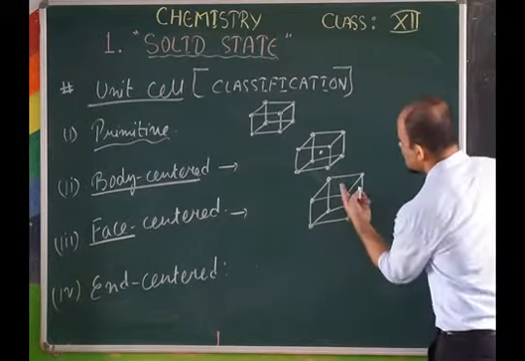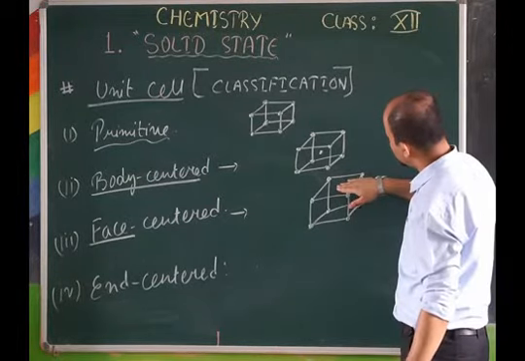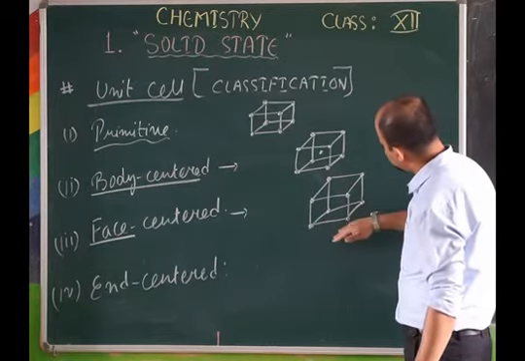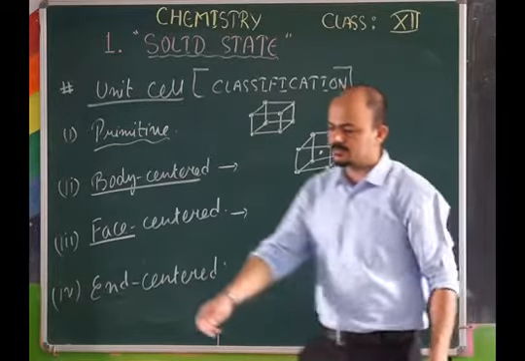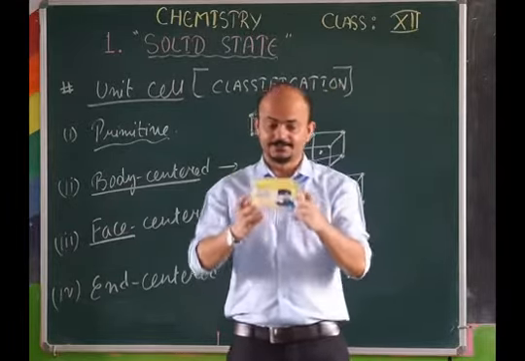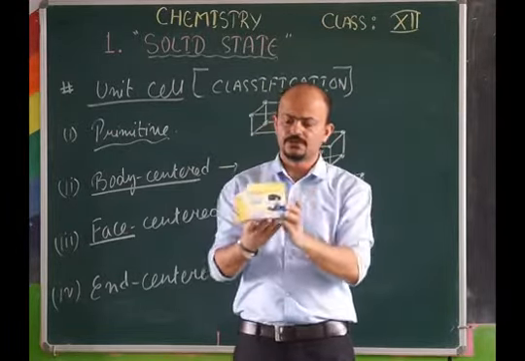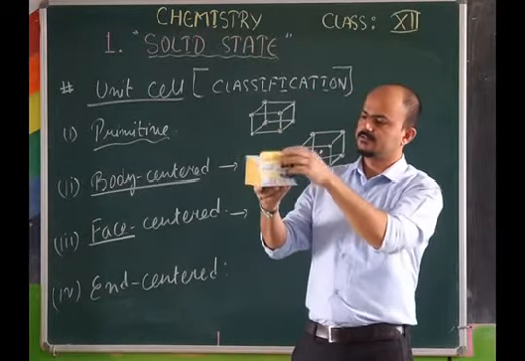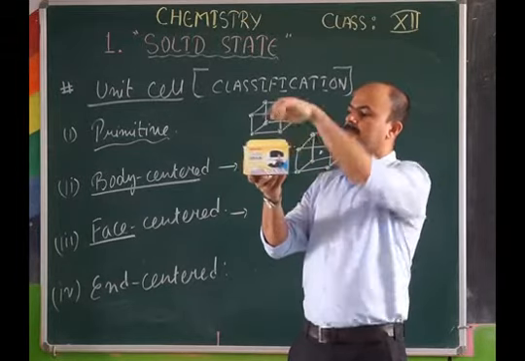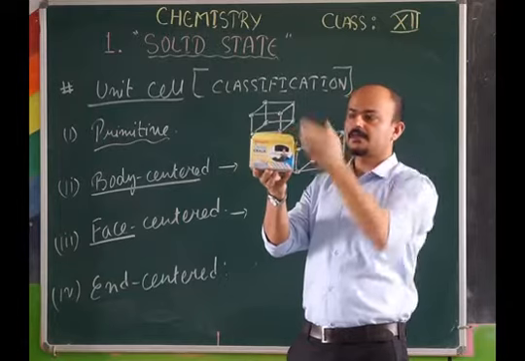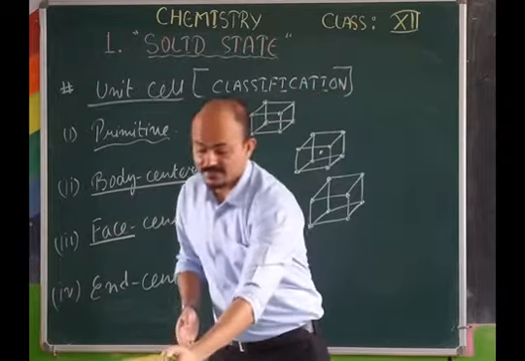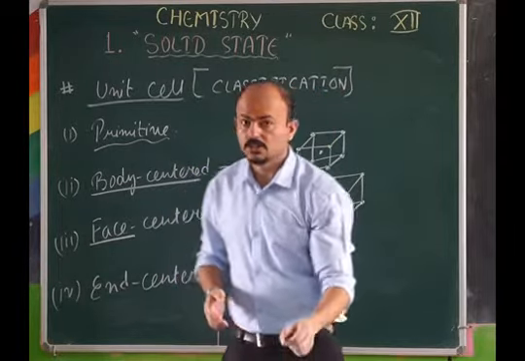How many faces are present? One up, 1, 2, 3, 4, 5, 6. So it has how many? You can take an example of this particular chalk box. If you consider it to be a cube, how many faces are present? 1, 2, 3, 4, 5 above and one below. That is 6 faces are present. Therefore, in face centered, what you have? You have atoms in the faces also.